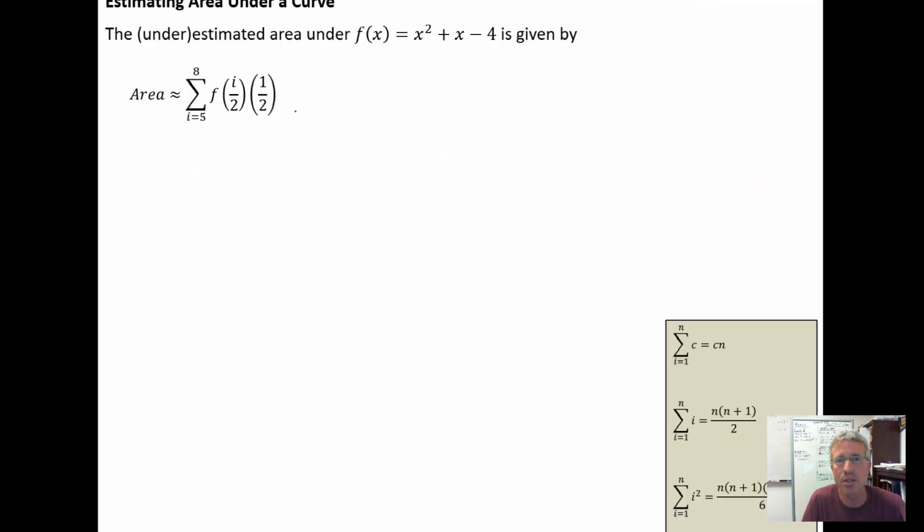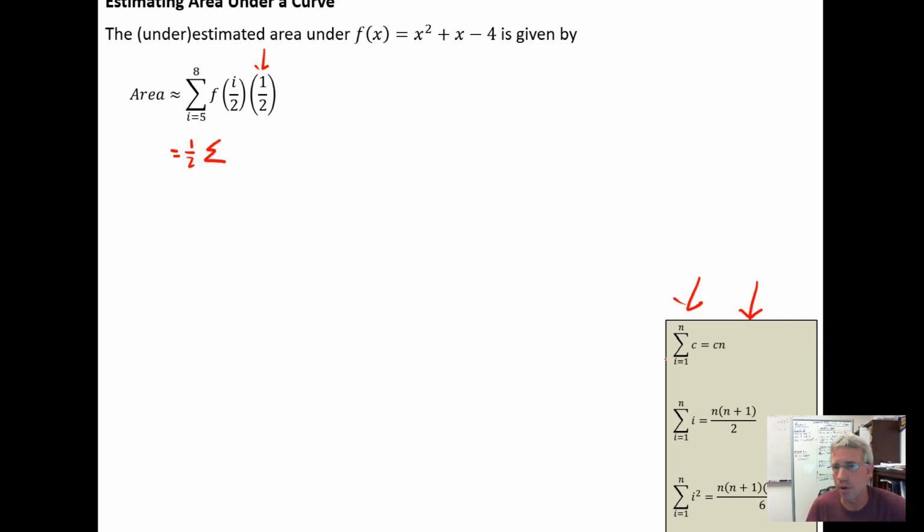the next slide so that I have some space to work, and say once I get the sum from I equal 1 to 8 of f of I over 2 times a half, I'm going to use my summation formulas to calculate the sum. The first thing that I need to know, there's two big things for my first step I need to notice. One, here's a multiplication by a constant, so a constant can be factored out of a summation.